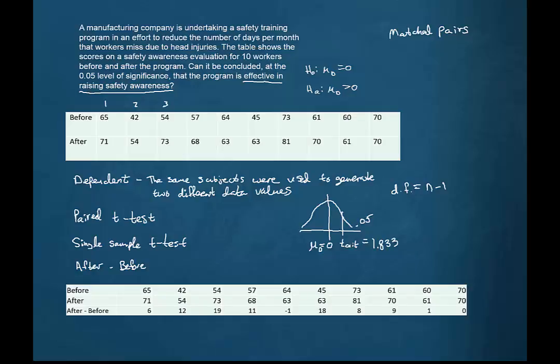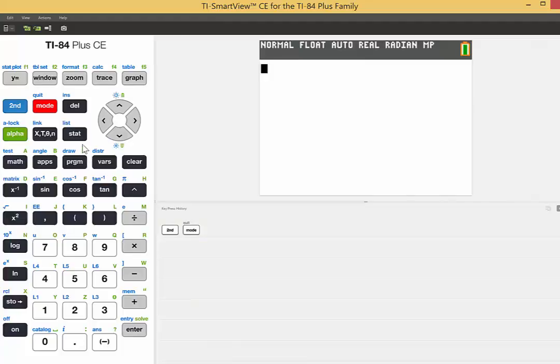Now, if we want to find our t-test value, we'll do that using these after minus before values. In order to use the TI-83 or 84 calculator to calculate this t-statistic, we'll first need to enter these values into a list.